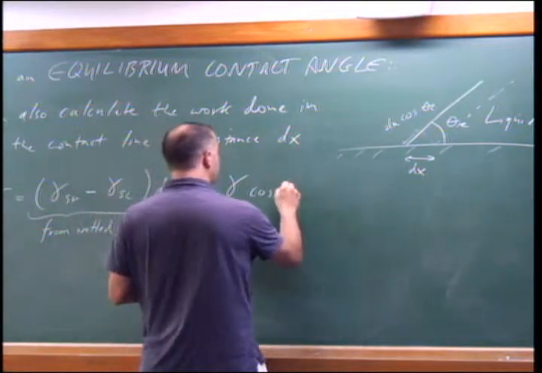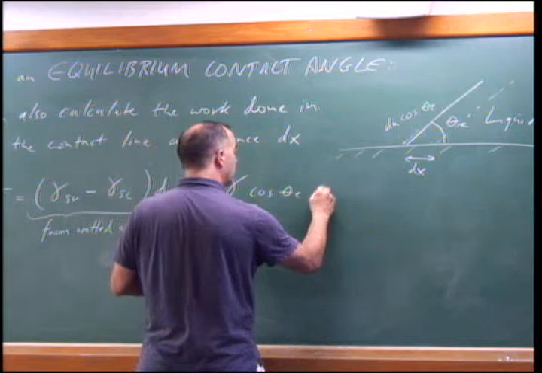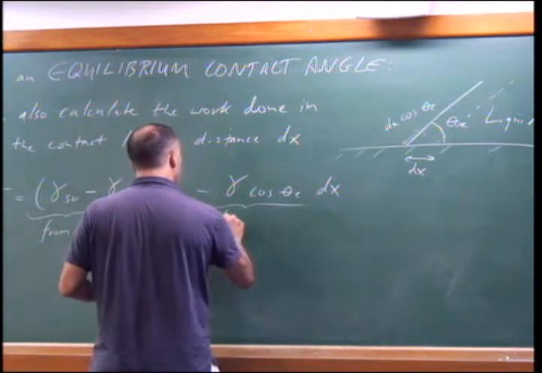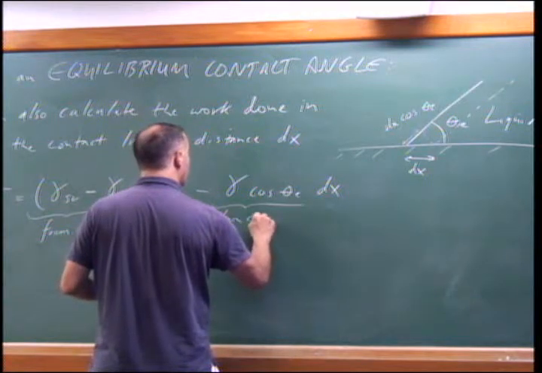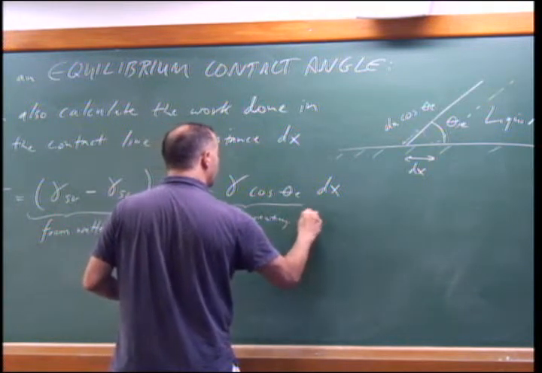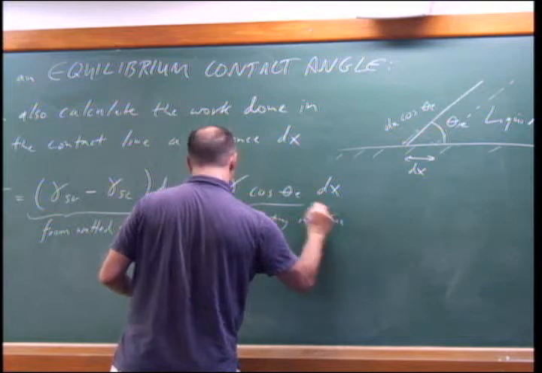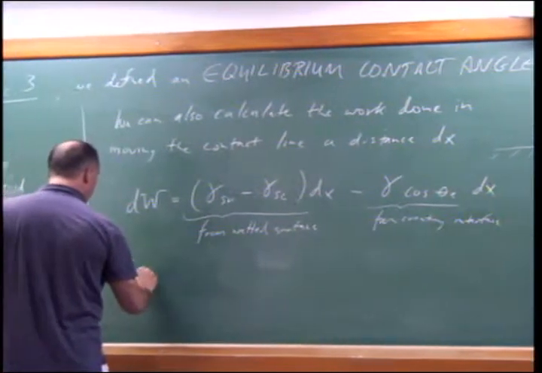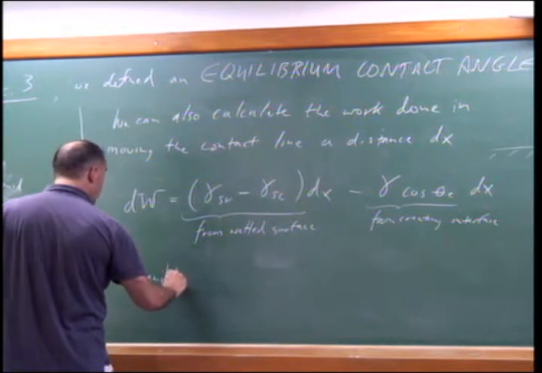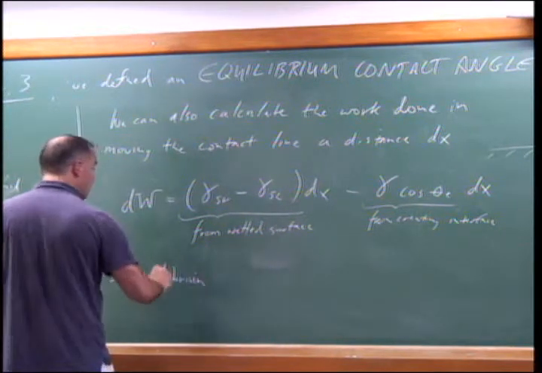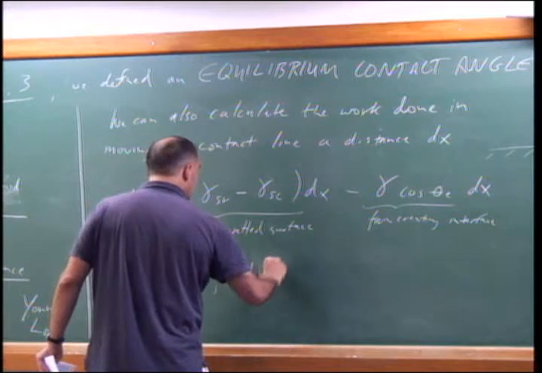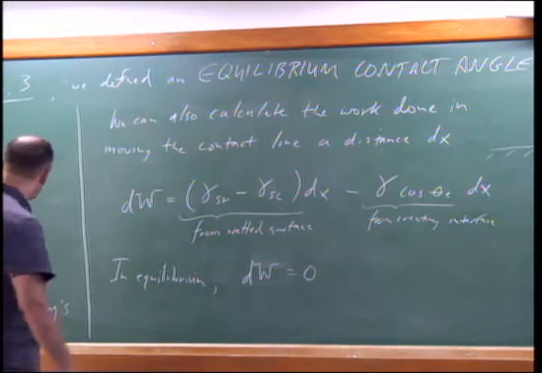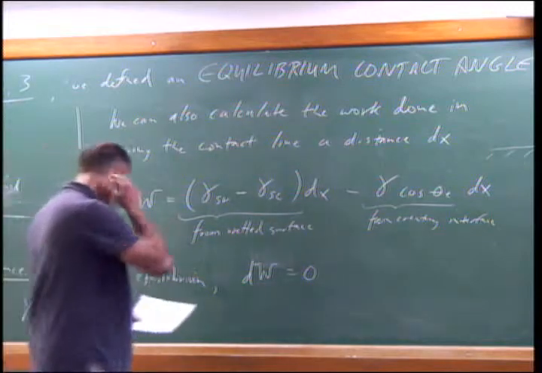Then we have the additional surface energy from creating the surface. So in equilibrium, we want this to be 0, which then gives us Young's law again.